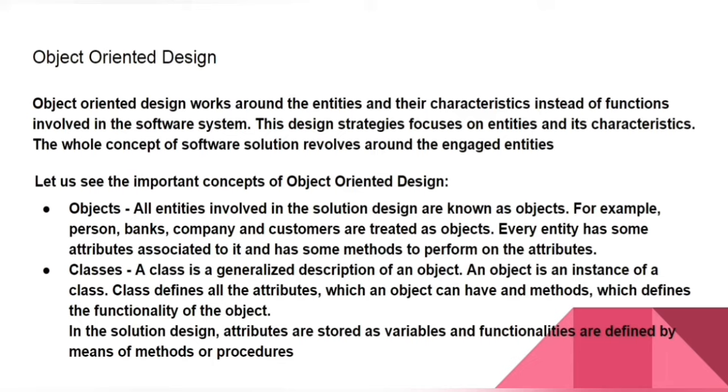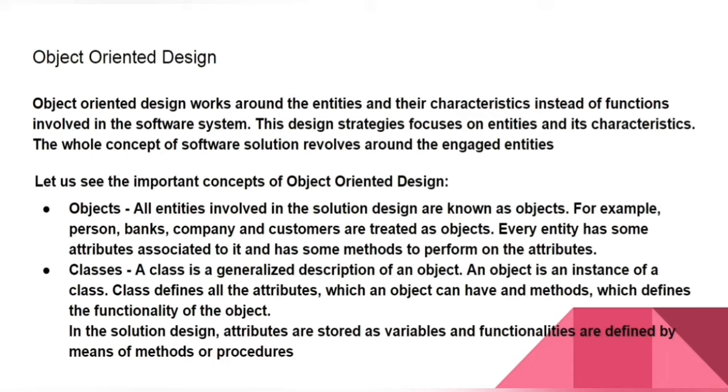So let's see what objects are, what classes are. Objects: all entities involved in the solution design are known as objects. For example, person, bank, company and customer are treated as objects. Every entity has some attributes associated with it, and it has some methods to perform on the attributes.